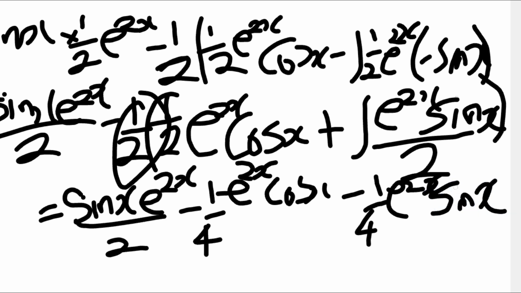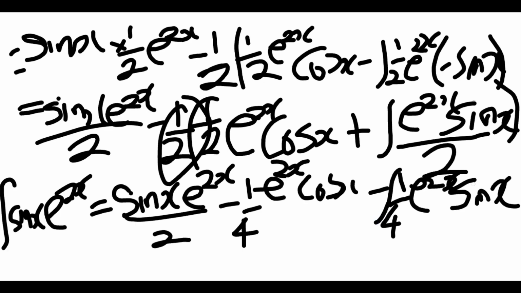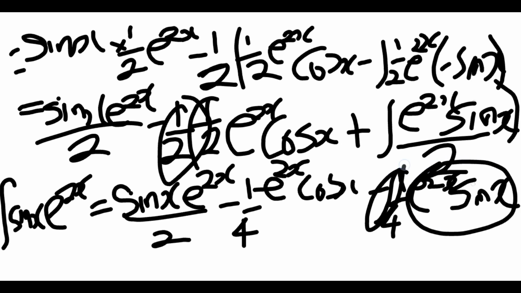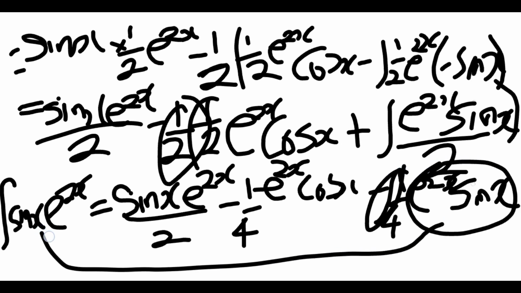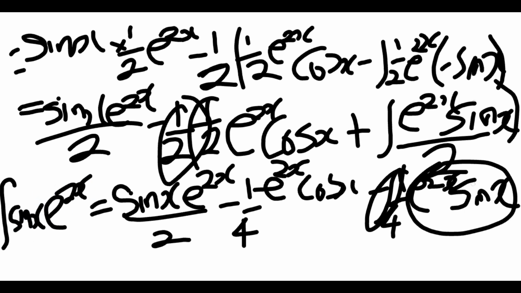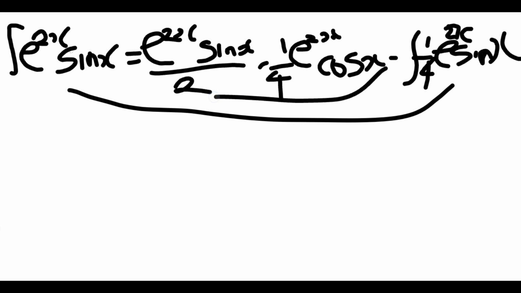Remember the original question stated that we should integrate e raised to the power of 2x sine x. So we're seeing now that the integral of e raised to the power of 2x sine x could possibly add with this one here, which is also the integral of e raised to the power of 2x sine x. So we're going to be collecting like terms. The sign is going to change to negative at this side.